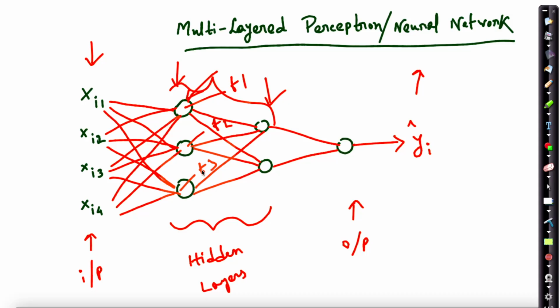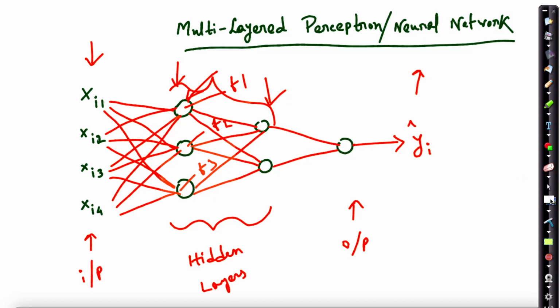But in real life, we have so many functions which are very complex and which could be very easily incorporated using a neural network. So these two are the primary reasons why the neural network was required.